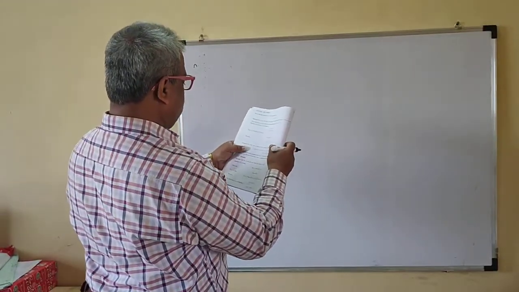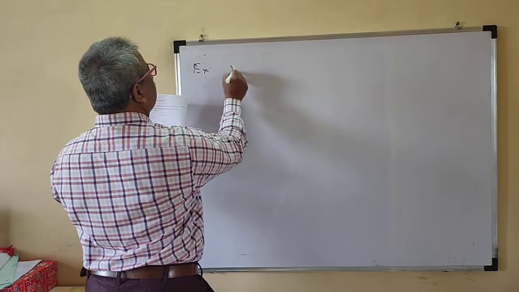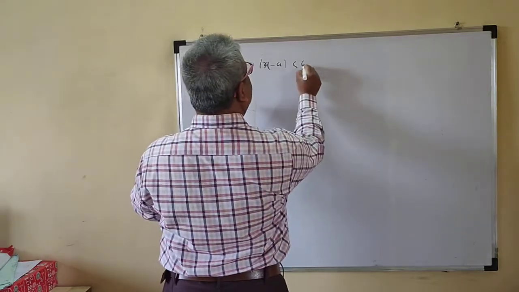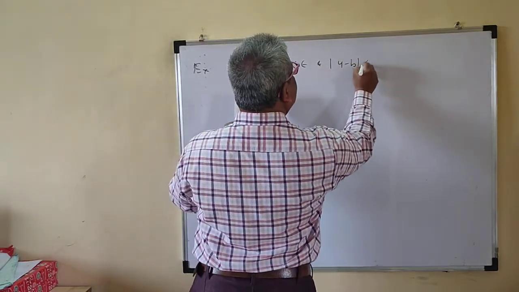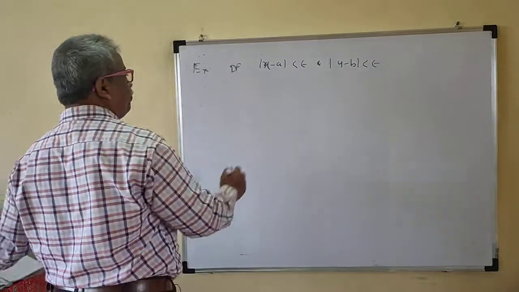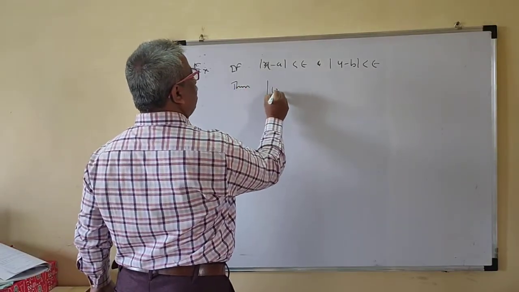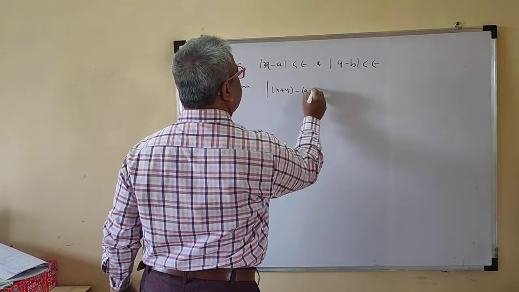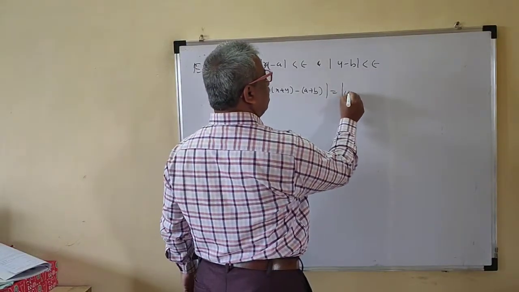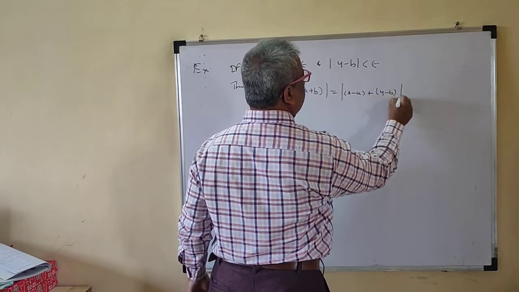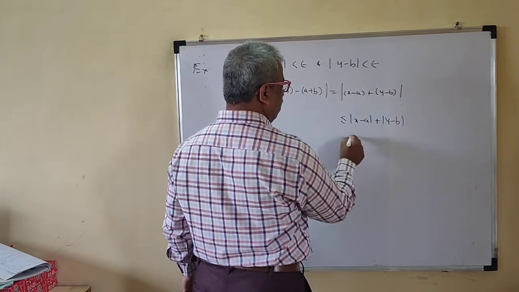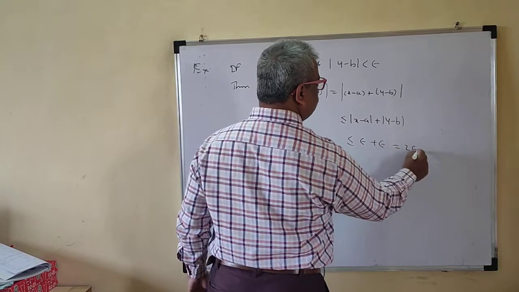We take one more example. If mod of X minus A is less than epsilon and mod of Y minus B is less than epsilon, then mod of X plus Y minus A plus B equals mod of X minus A plus Y minus B, which is less than or equal to mod of X minus A plus mod of Y minus B, less than epsilon plus epsilon, so 2 epsilon.